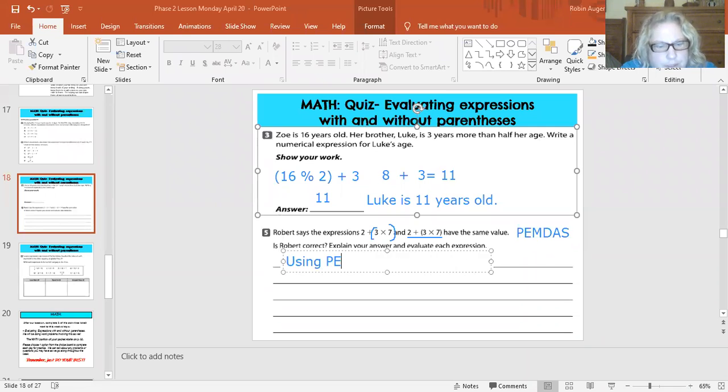using PEMDAS rules, okay? Robert's answer is correct.